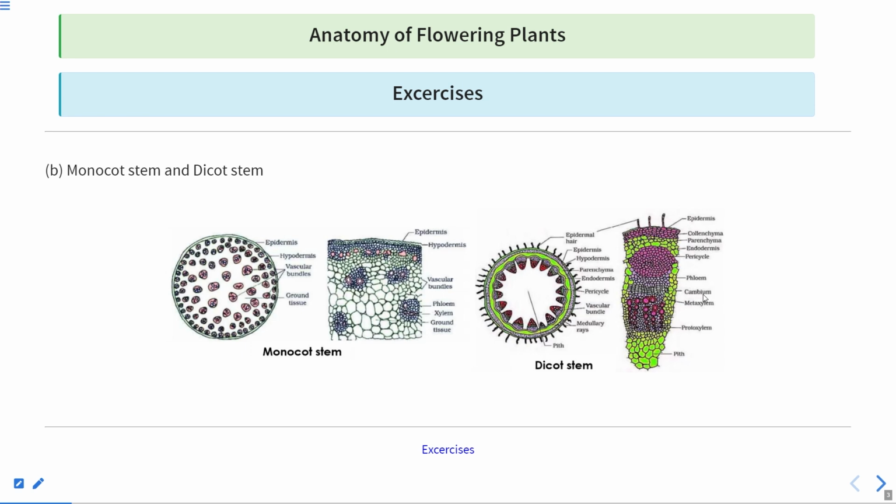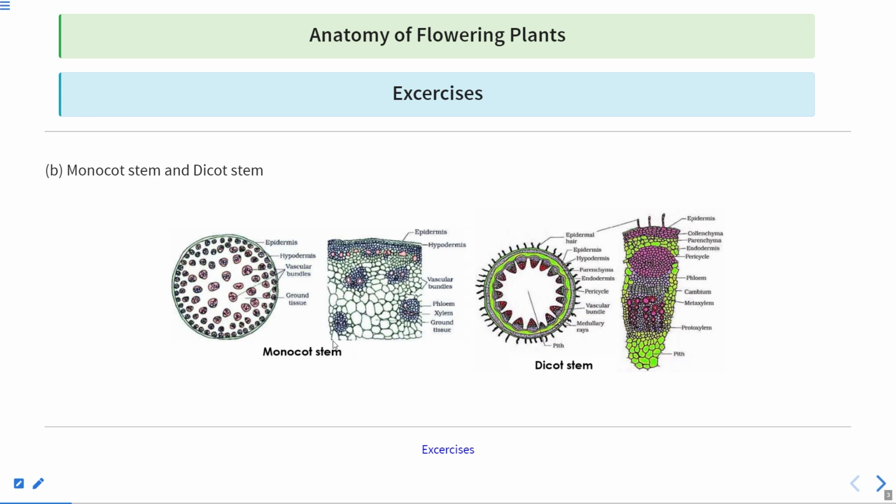Very, very important. It means that an open type of vascular bundle is there, right? So cambium is present in between the phloem and xylem. And here you can see a conjoint vascular bundle, xylem and phloem are present, but there is no cambium. Cambium is totally absent, so a closed type of vascular bundle is there.